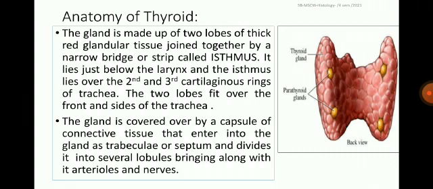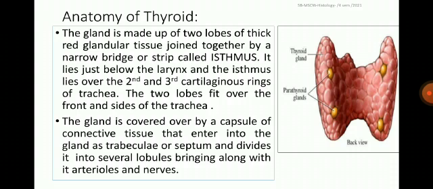So the gland as such is covered over by a capsule of connective tissue, that's called the capsule itself, and that enters into the gland as trabeculae or septum and divides it into several lobules, bringing along with it arterioles and nerves.